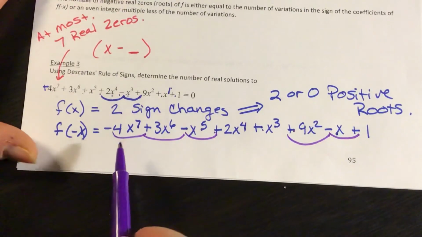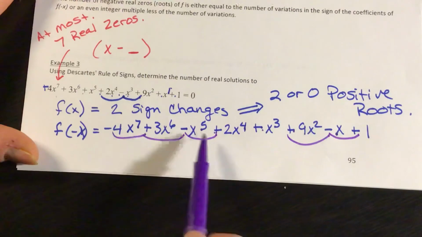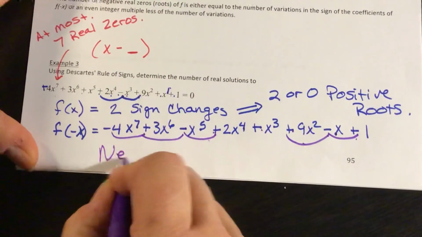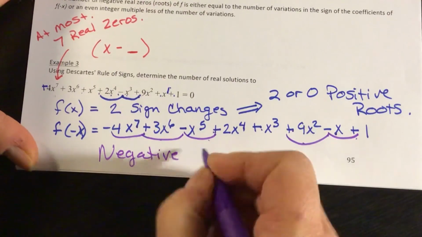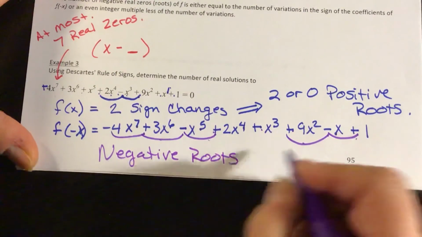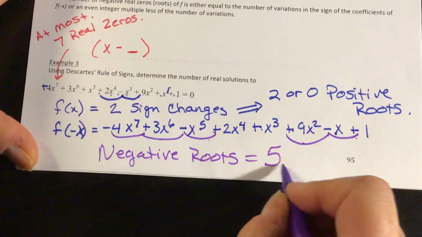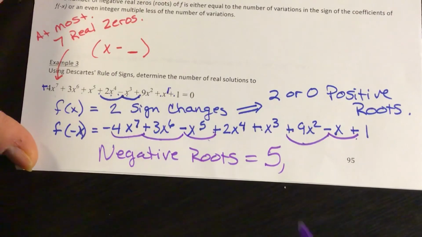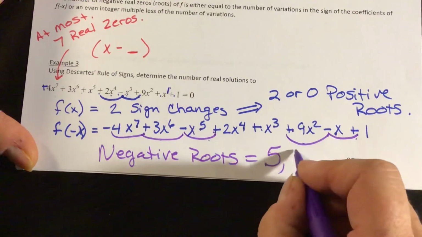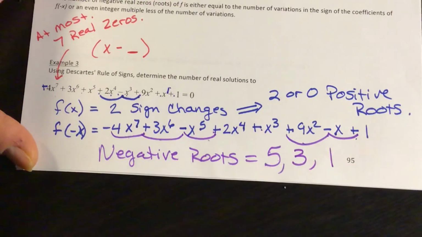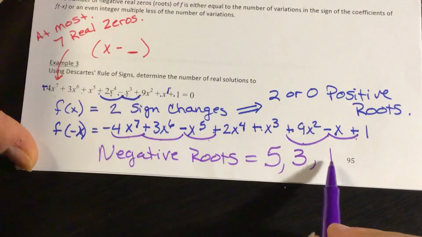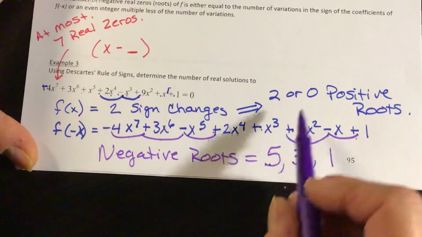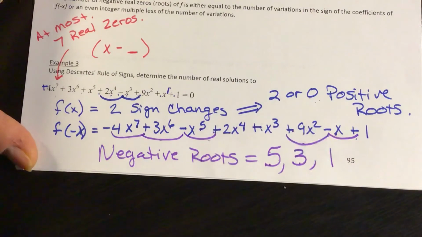So if I count 1, 2, 3, 4, 5, my negative roots could be 5, but then I'm going to go down by multiples of 2. So it could be 5, or it can be 3, or it can be 1. But there's going to be at least one negative root. It could be 5, it could be 3, and I may not have any positive roots.